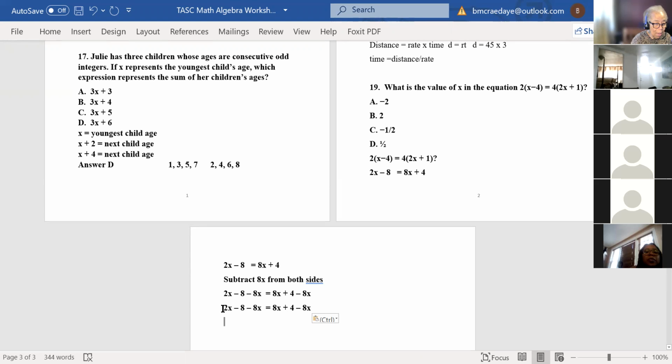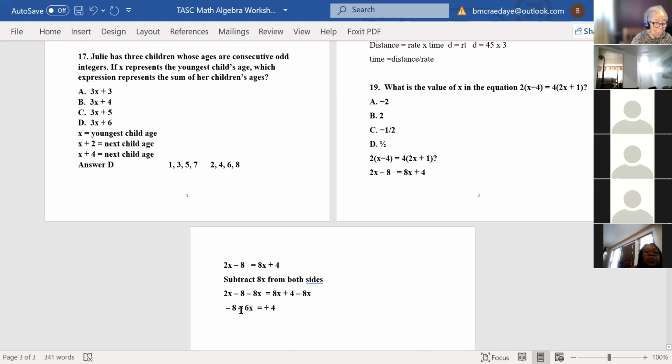This will just give you a minus 6x. The 8x and a minus 8x will just go to 0, right? Everybody following? Yes. Now you have a minus 8, a minus 6x equals plus 4.